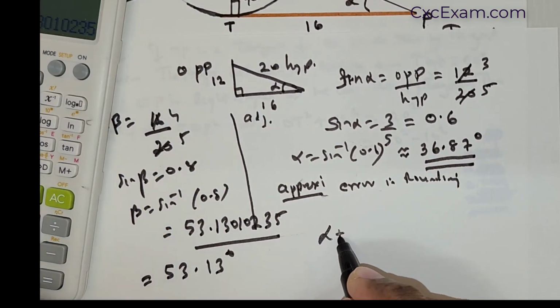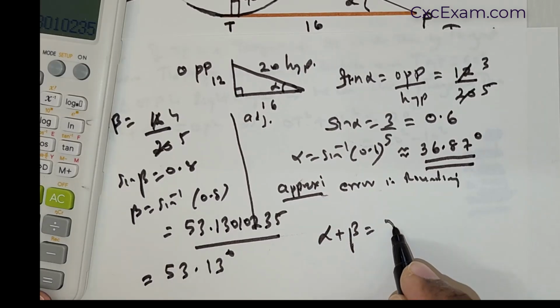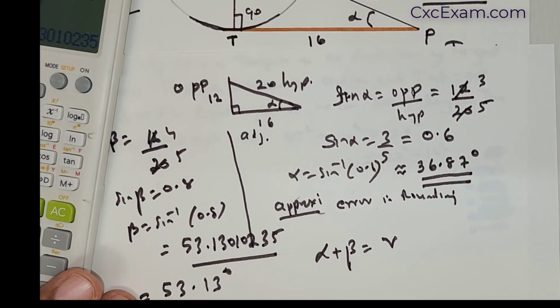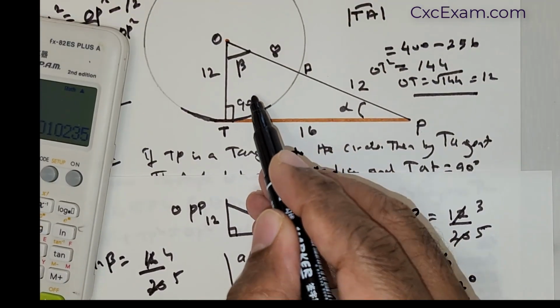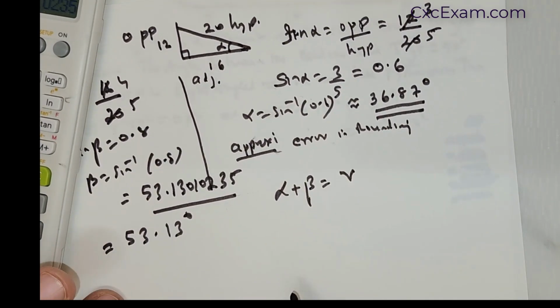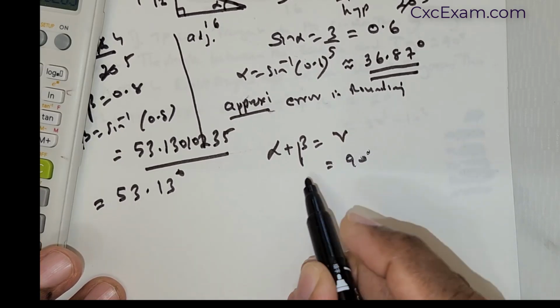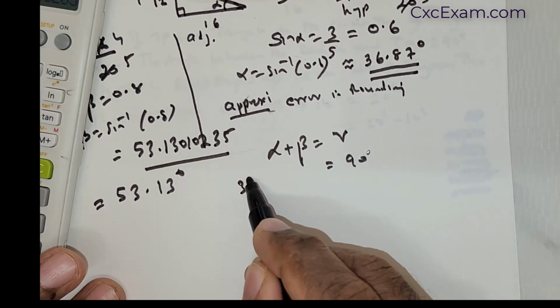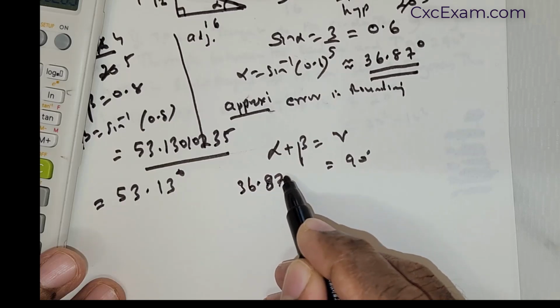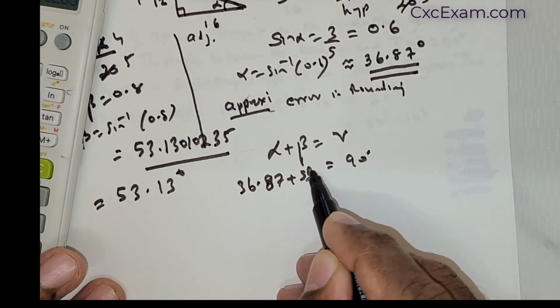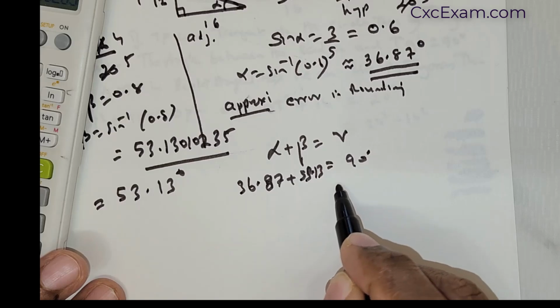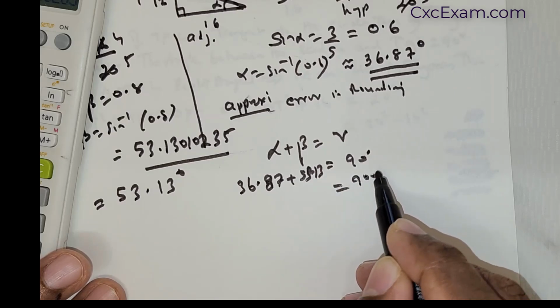Now alpha added with beta should give me this angle gamma. Say this is the gamma that I've got. So this gamma is my 90 degrees. So clearly 36.87 added with 53.13 gives me 90 degrees.